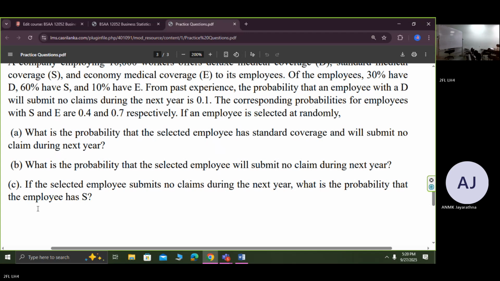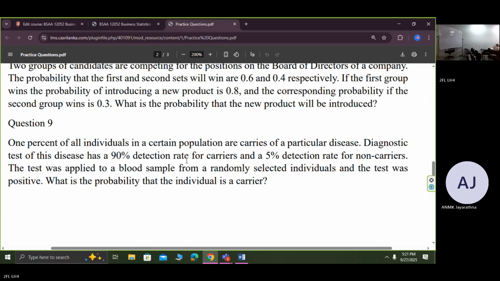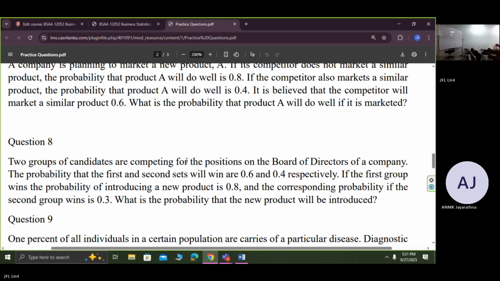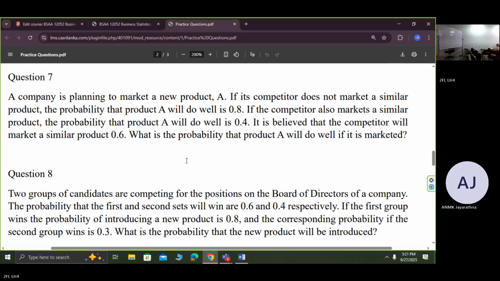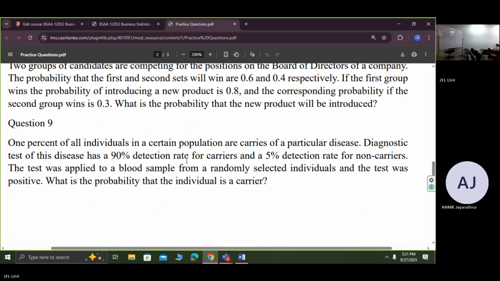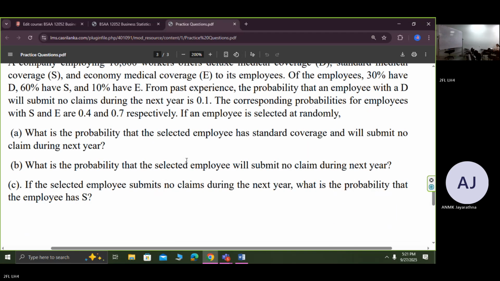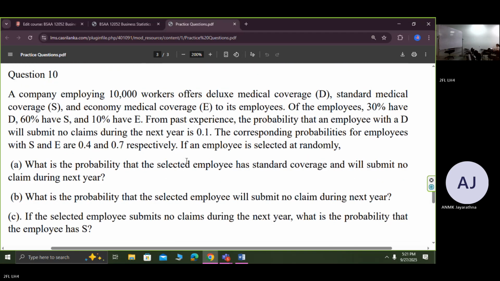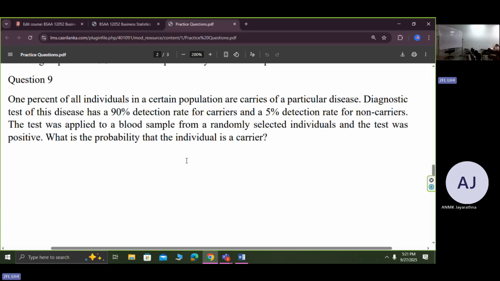Understood? Okay. Then read question number 9.